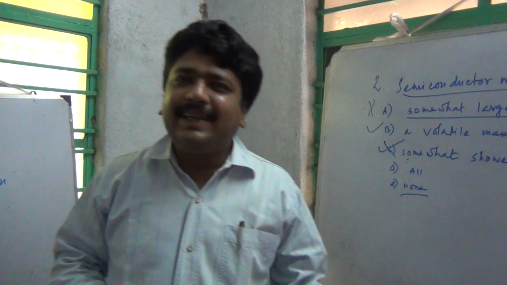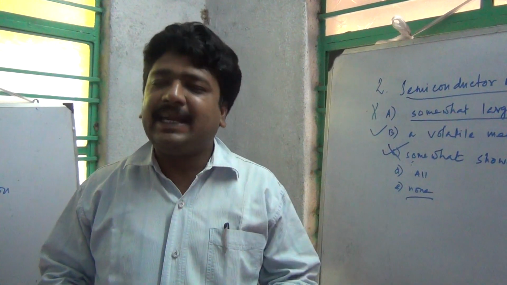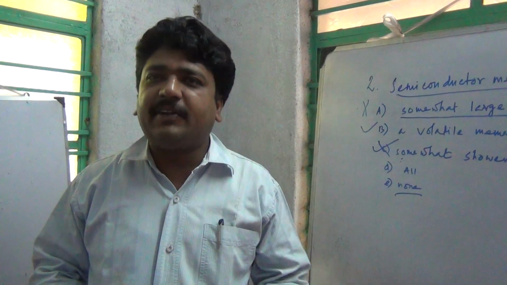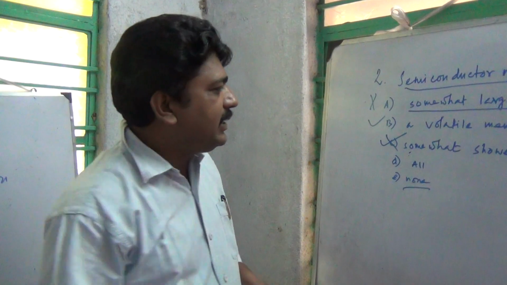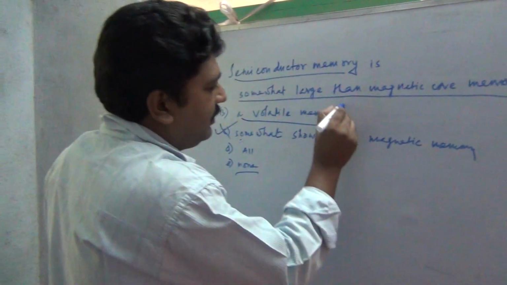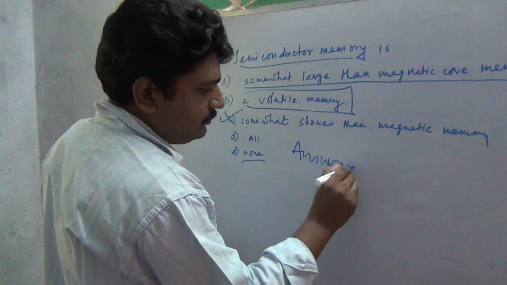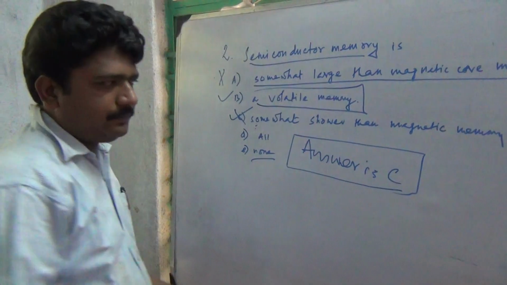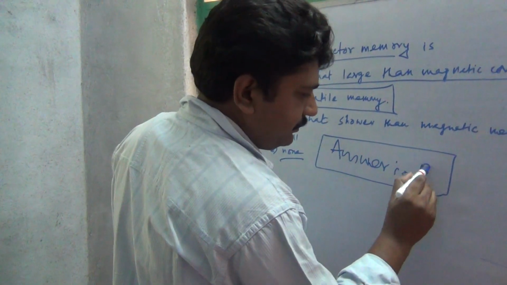That is called DRAM, dynamic random access memory, which we should refresh from time to time to store the value. That's why it is a volatile memory. So the answer is B.